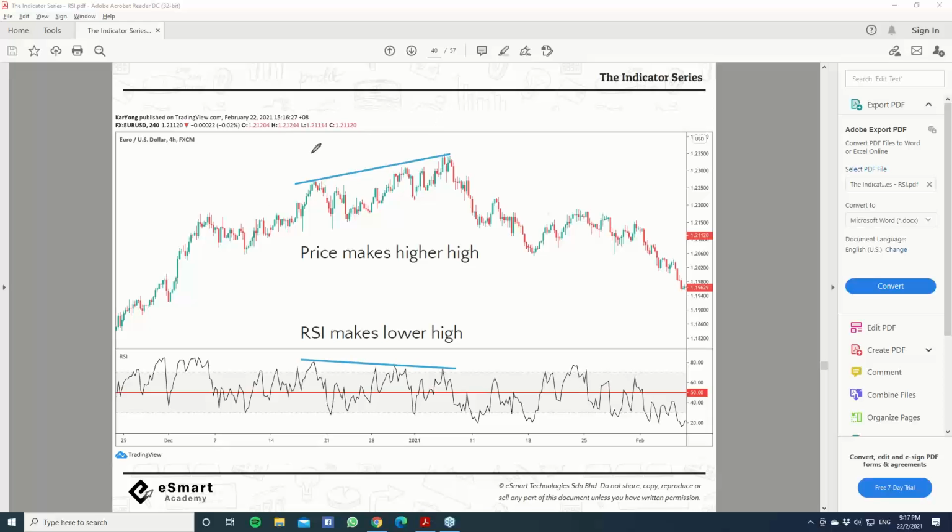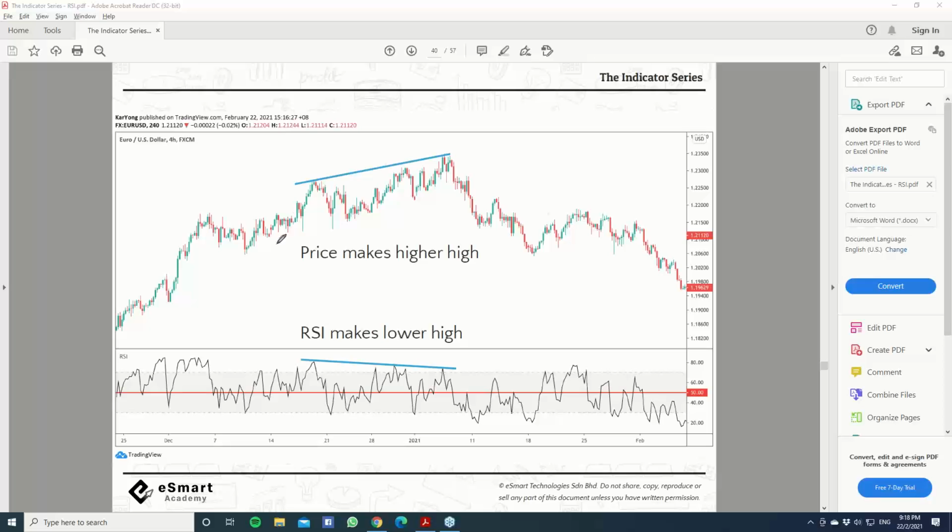So first off, of course, you reference it to the price. Over here you can see that price is actually making a higher high, making a new high, right? But take a look at the momentum indicator, which is RSI over here. You can see this high, which is from here, and this high, which is from here. You do see that it's sloping down. So RSI, your momentum, is telling you that it's making a lower high, but price here is making a higher high.